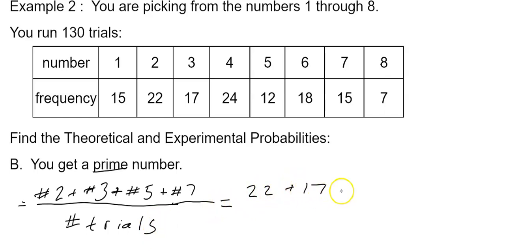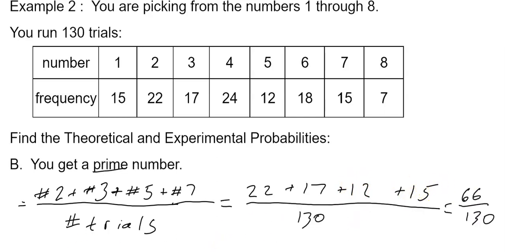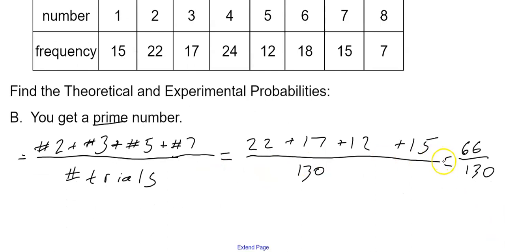So 22 plus 17 plus 24, oh, not 24. Nope. That's a 4 plus 12 plus 15. All right, so I find the sum of the prime numbers. How many times did I pick a prime number? 66, and there were 130 picks. So when I divide that and reduce that fraction, I get 33 out of 65.